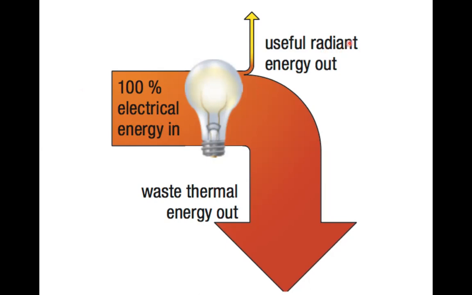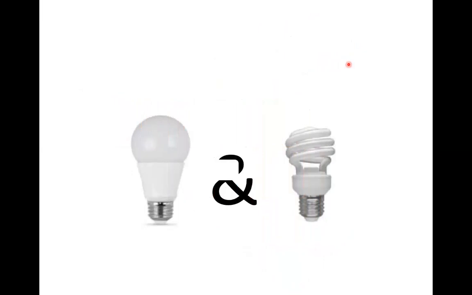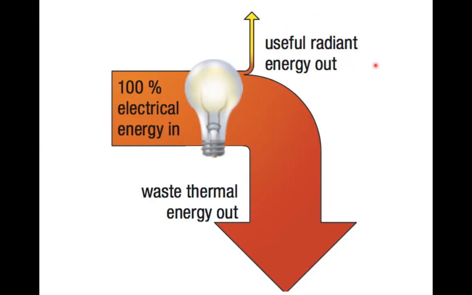How much do you think turns into radiant energy? It's only 5 joules. So only 5 joules out of the original 100 turns into light energy. 95 joules turns into waste.